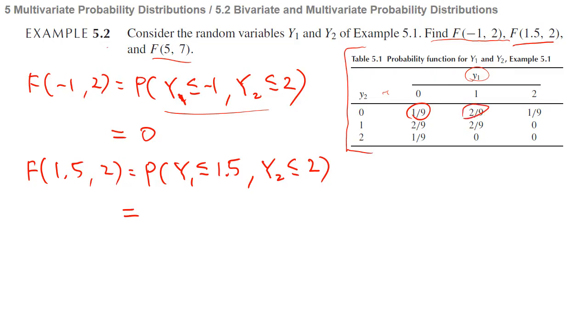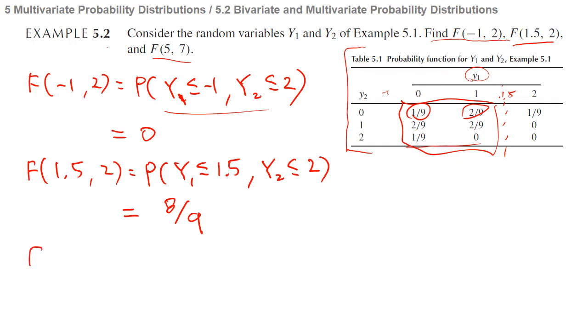So all the events here have y1 less than or equal to 1.5, and y2 less than or equal to 2. So the sum of all these probabilities is 8 over 9.